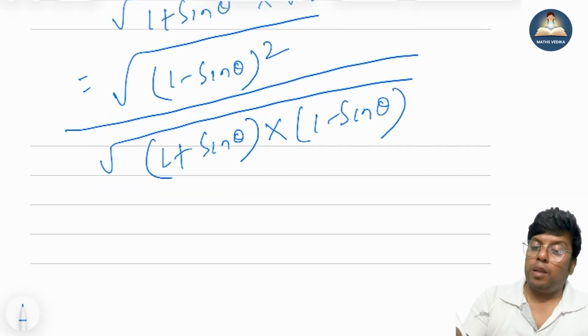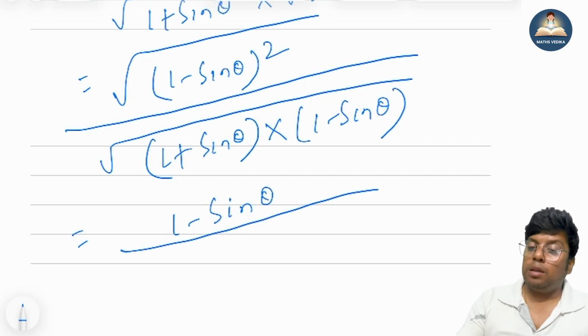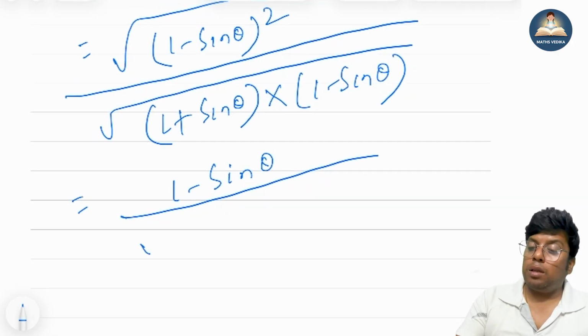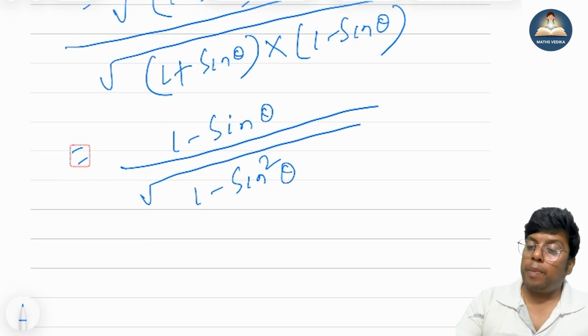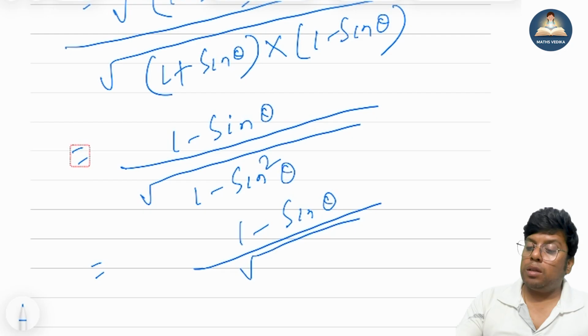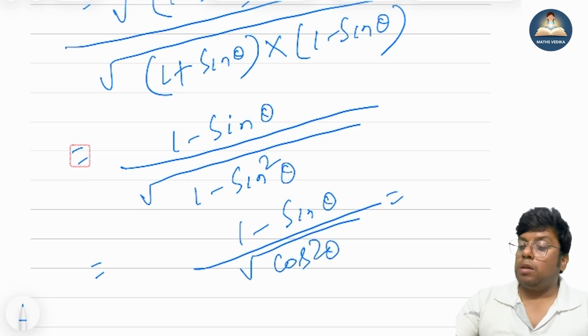Okay, in numerator we'll be left with 1 minus sin theta, and in denominator we'll have root under 1 minus sin square theta. Okay, is equal to 1 minus sin theta by root under cos square theta, is equal to 1 minus sin theta by cos theta.